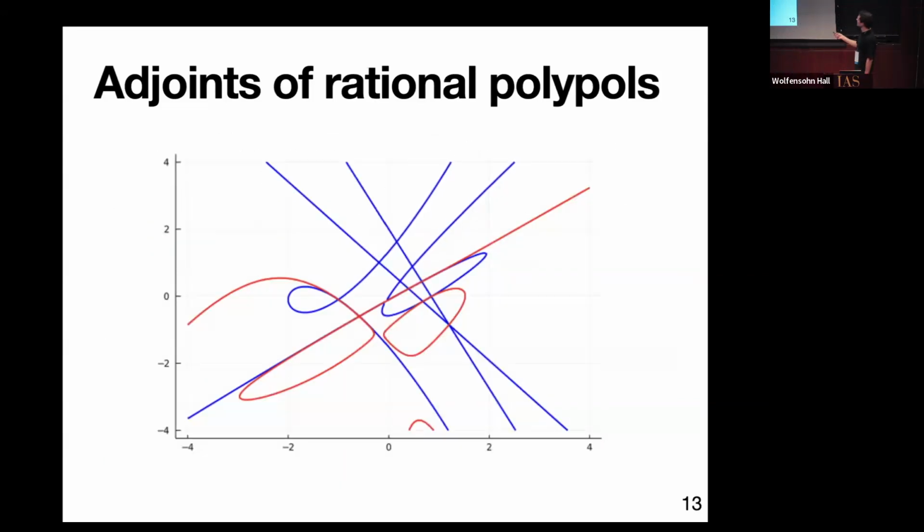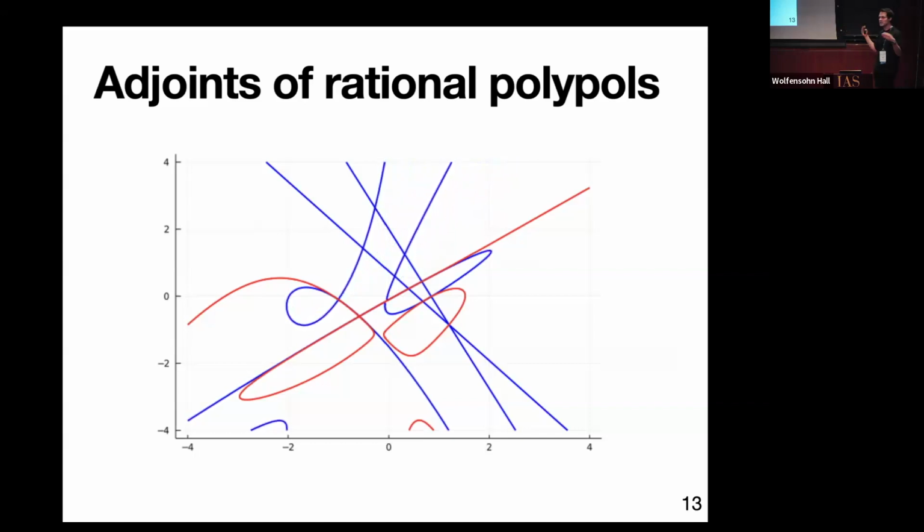That's this video, right? Here you should focus on this 1, 3, 1, 3 polypol. It's moving, but the red adjoint is fixed. So this is a one-dimensional family of 1, 3, 1, 3 polypols with the same adjoint quintic.